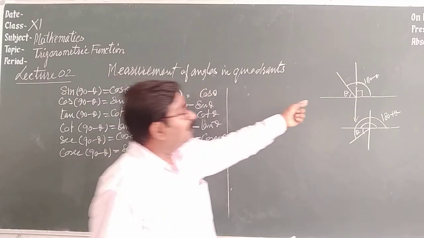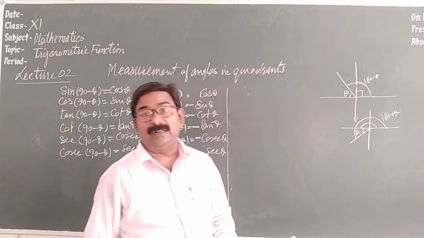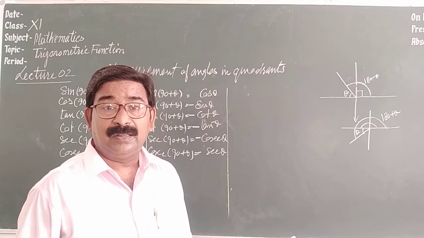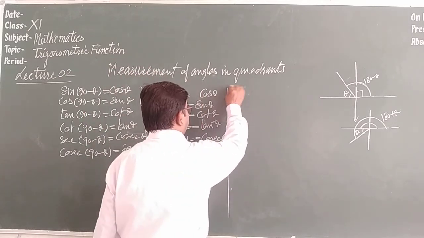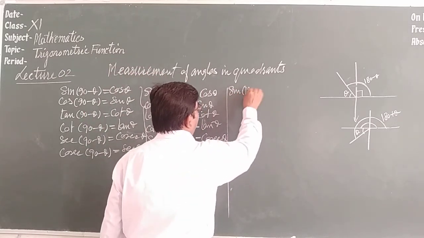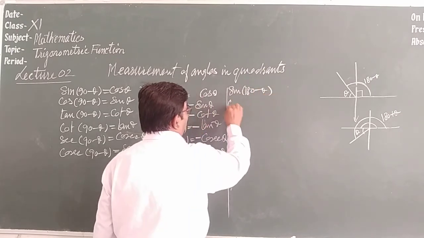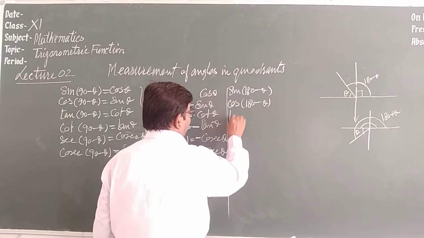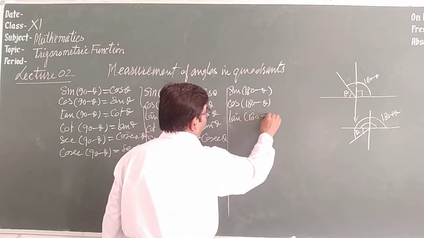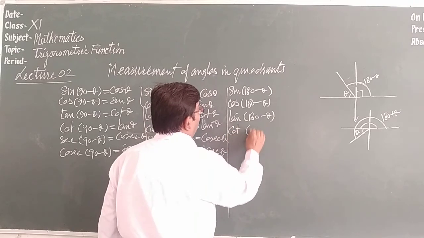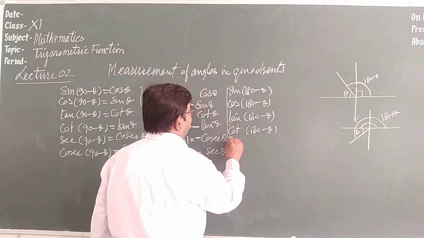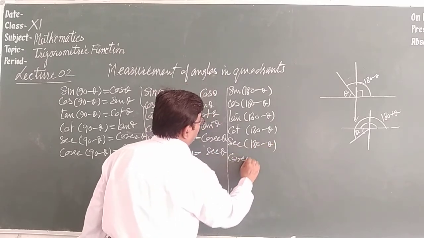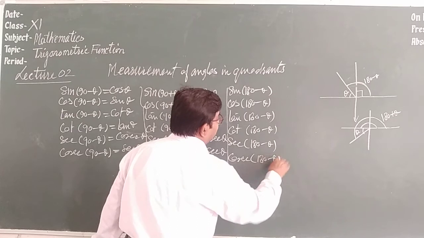So we can find the value of this angle with respect to sine, cos, tan, cot, sec, cosec, whatever it is. Suppose I am going to find sine 180 minus theta, or cos 180 minus theta, or tan 180 minus theta, or cot 180 minus theta, or sec 180 minus theta, or cosec 180 minus theta.